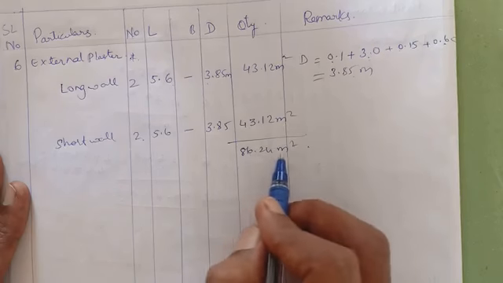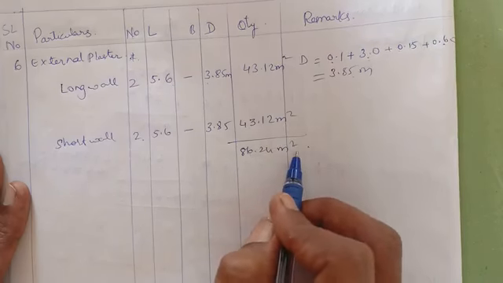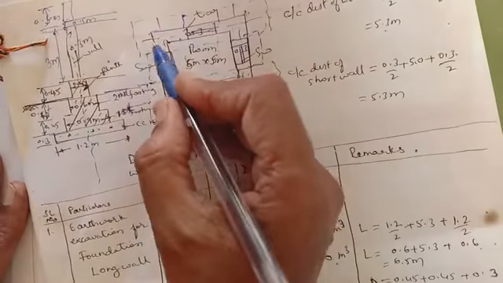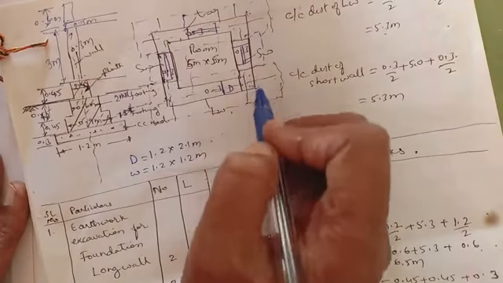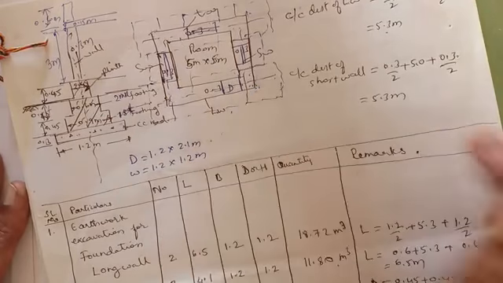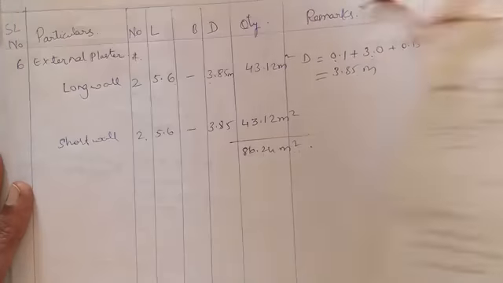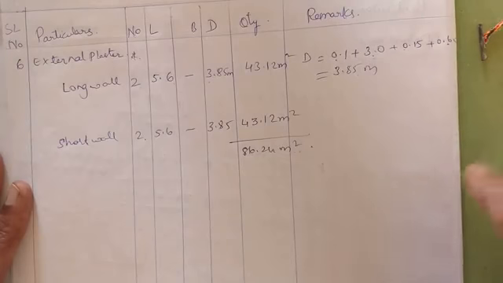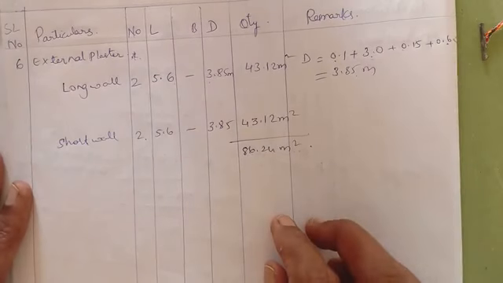So our total will be 86.24 meter square. So you can see for short wall also, from here to here and from here to here you will have to do the plastering. Understood? So you can practice all the calculations up to here, up to external plastering, by taking some example of a room.